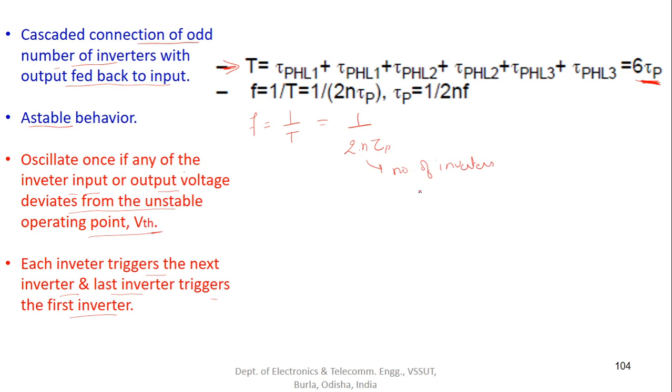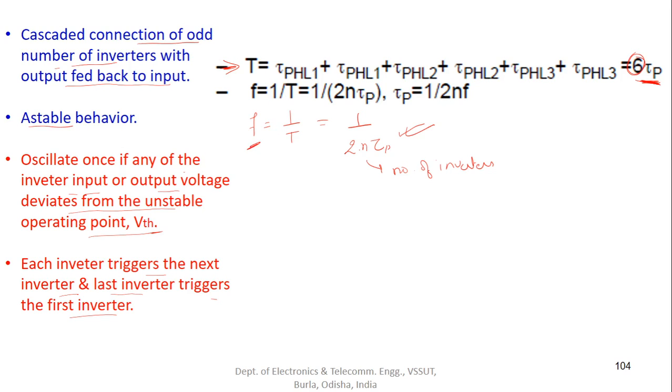So here n is 3, so it becomes 2 times 3, that is 6. So 1 by 6 tau p. This is the general formula to calculate the frequency of a ring oscillator.